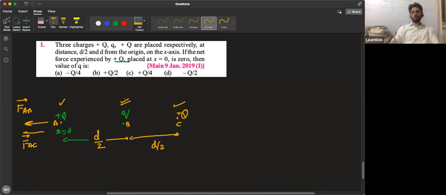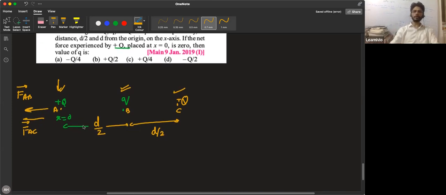Yeah, because the net force on capital Q could be 0 only if both the forces are acting in opposite directions. Then only forces will cancel each other. See, if one is repelling, then another should be attracting, then only they will cancel each other. So it should be negative. That will come through calculation also.